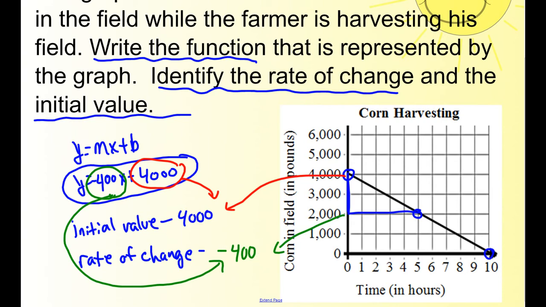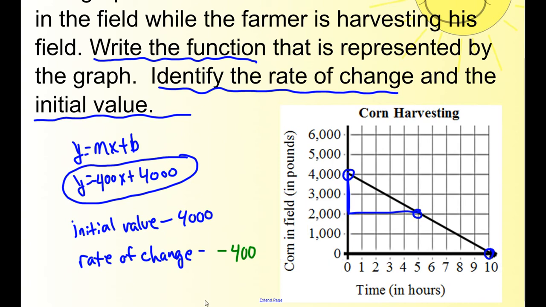Sorry, I have arrows and lines going everywhere. But I was trying to represent how we found all that information. Might be too much. So initial value is our y-intercept. Our rate of change is this negative 400. That's the slope of the graph here. That's how fast the amount of corn in the field is changing every hour.